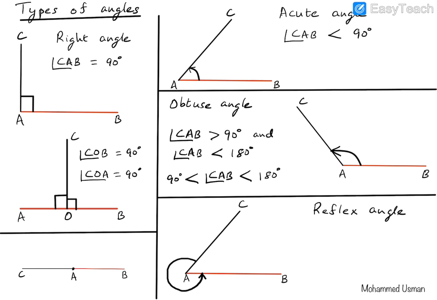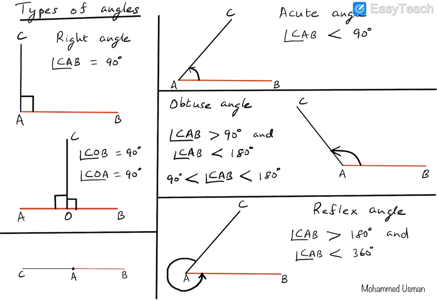So we write that as, in this case, it's again angle CAB. CAB is greater than 180 degrees, and it is also less than 360 degrees.